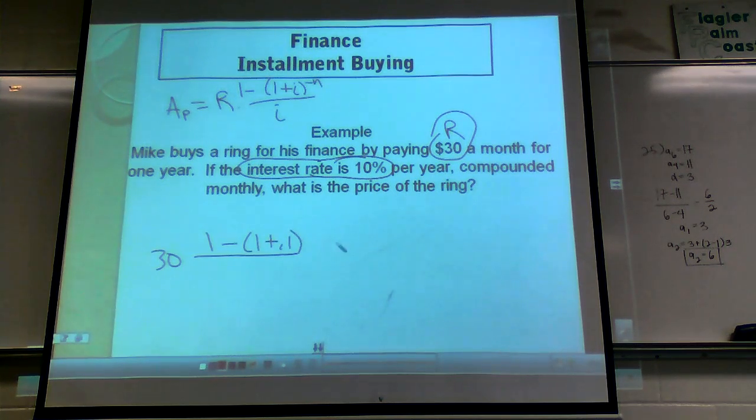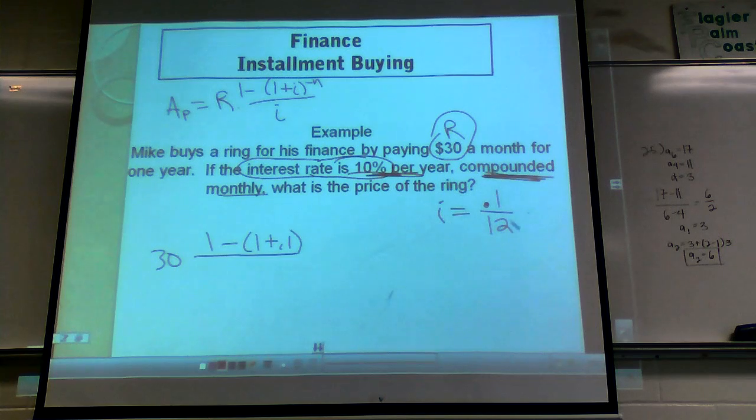The reason is because it's compounded monthly. That means that 10% is essentially spread out throughout the year. So if you ever see anything that says compounded, when you do the i for this formula, you're going to take the actual rate that's per year, so 0.1 is per year, and divide it by however many times it is spread out throughout the year. There are 12 months in a year, so it's spread out evenly between those 12 months.